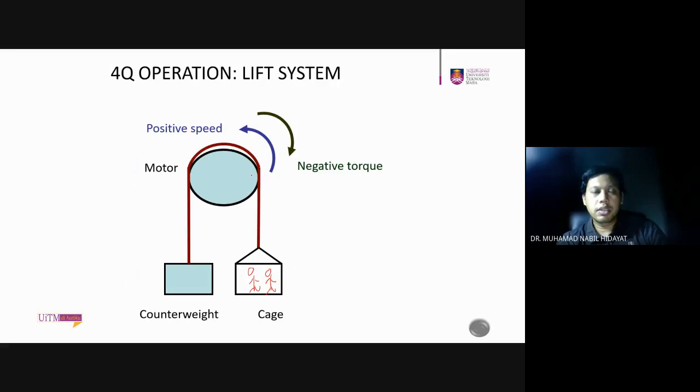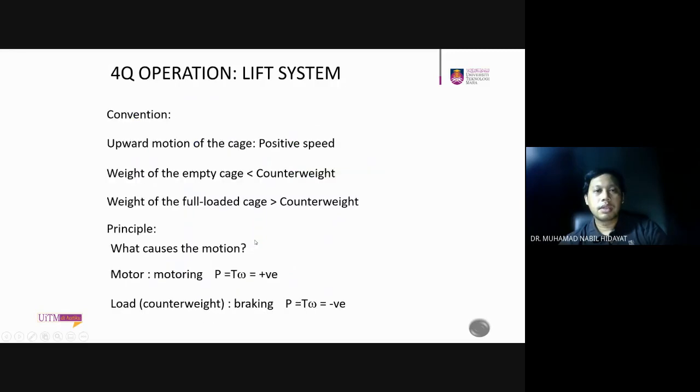If you have weight in your cage, it will introduce negative torque when your cage is going up. Again, this will be discussed further in the tutorial session.